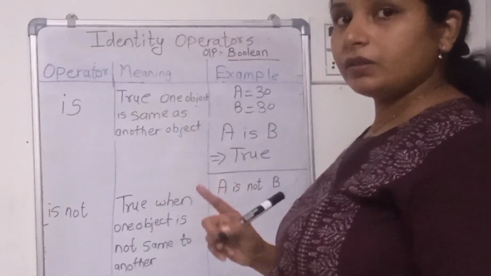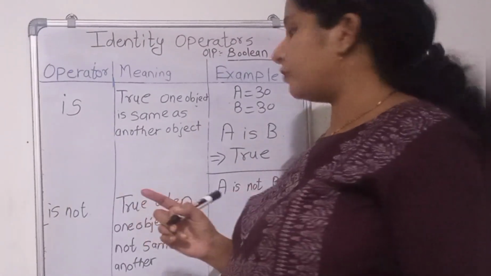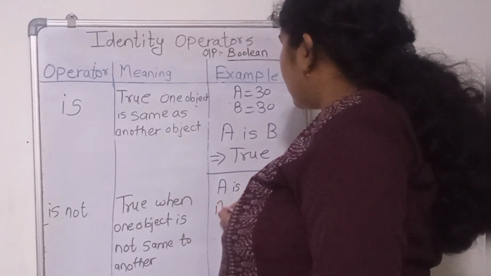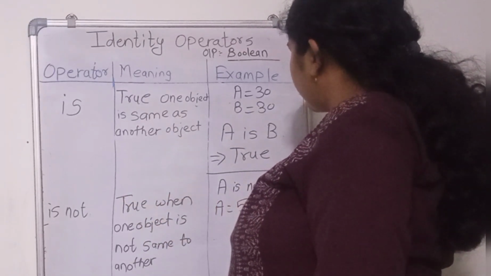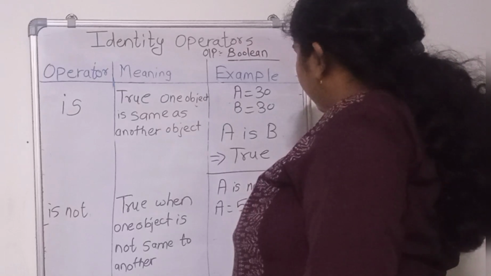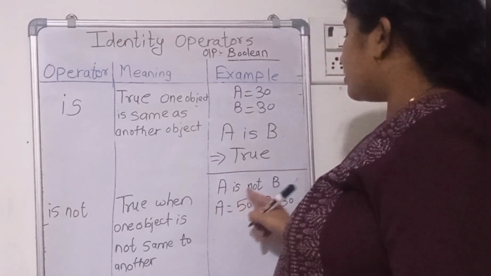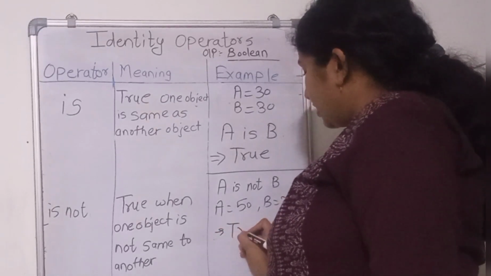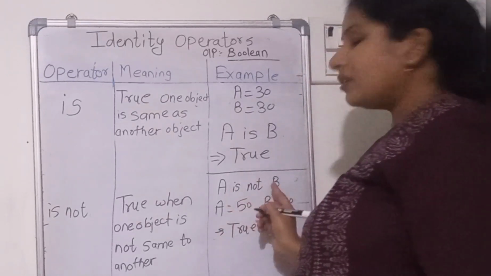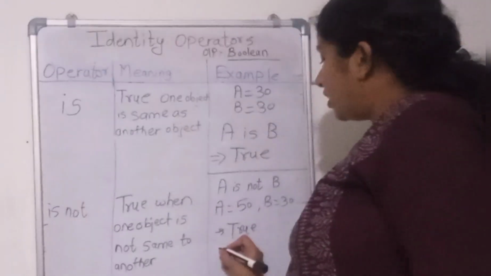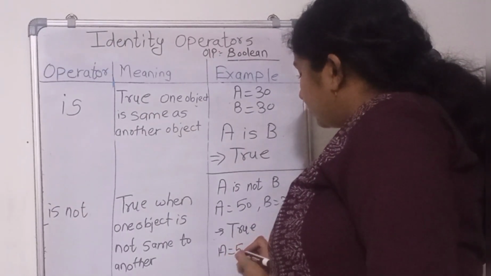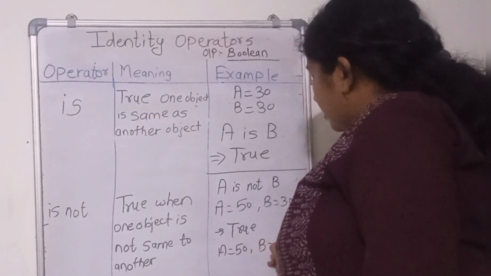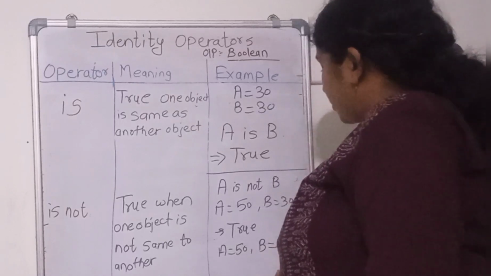So A is not B. Again we are checking the identity of both variables. Suppose A value is 50, B value is 30. A is not B, the answer is true because yes, both are not the same. Suppose A is equal to 50 and B is also 50.